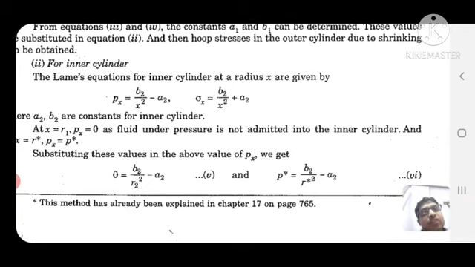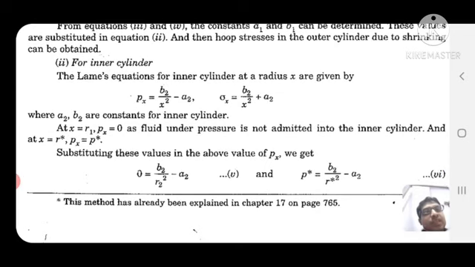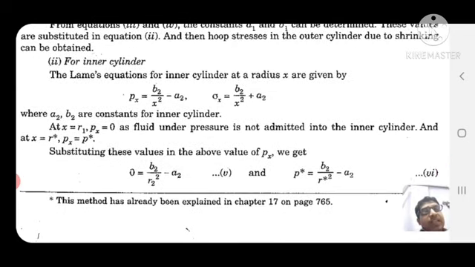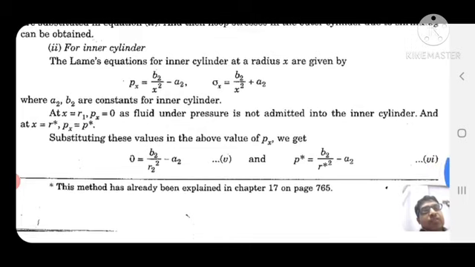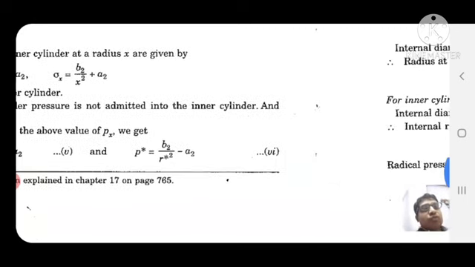At x equal to R1, Px equal to 0, as the fluid under pressure is not admitted into the inner cylinder, and at x equal to R star, Px equal to P star. Substituting these values in the above value of Px, we get 0 equal to B2 by R1 square minus A2, and P star equal to B2 by R star square minus A2.